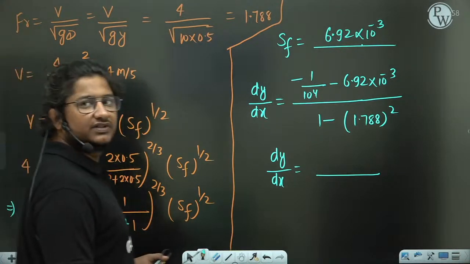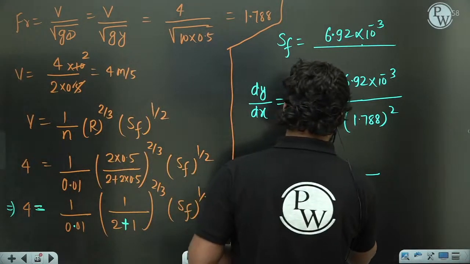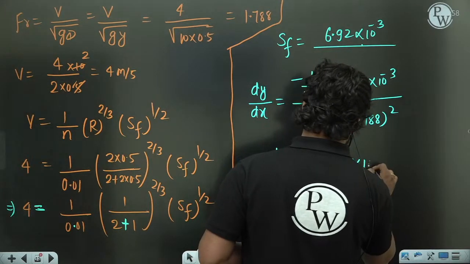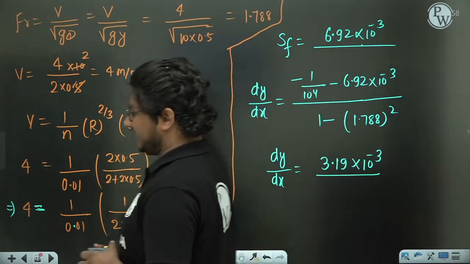Roughly what I'm getting is around 3.19 into 10 to power minus 3.